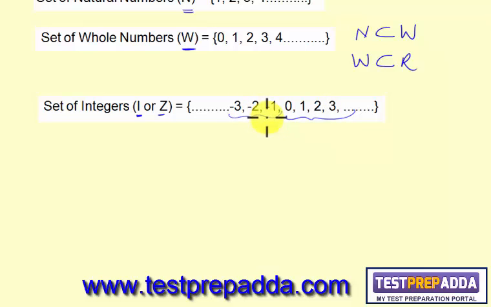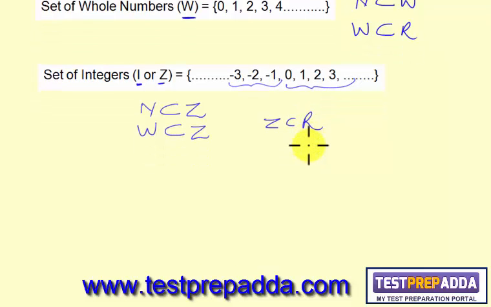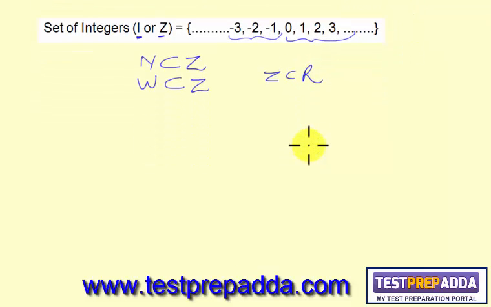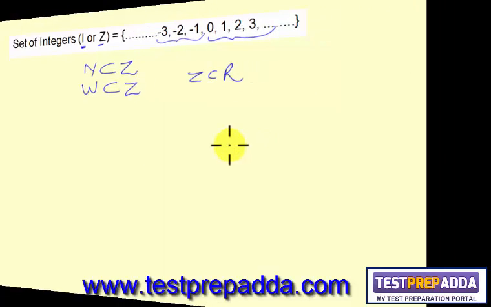So what can we say? We can say natural numbers are a subset of integers. Same way, whole numbers are a subset of integers, and the set of integers is a subset of real numbers.